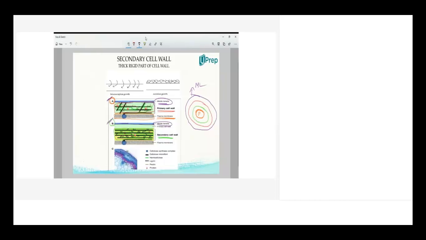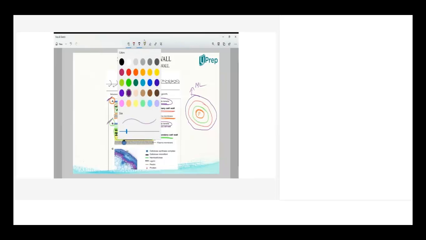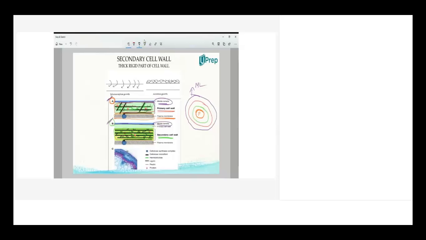Clear? Now here you are having various terminology for the growth of cell wall material. Intussusception growth you will observe in primary cell wall. Accretion growth you will observe in secondary cell wall. Okay. Now when you take the contents of middle lamella or the primary cell wall or the secondary cell wall, few variations are there.